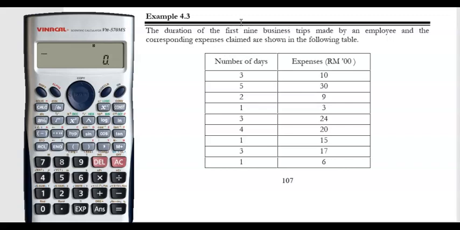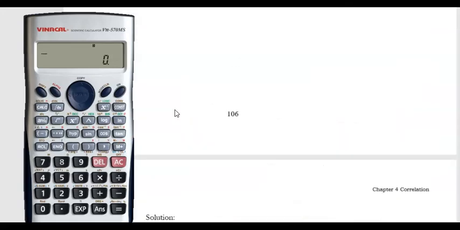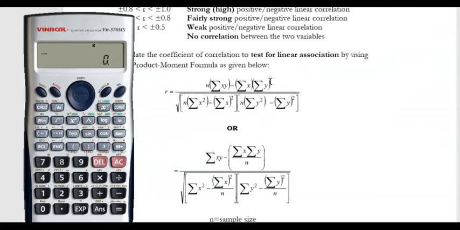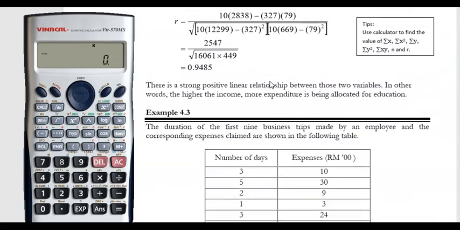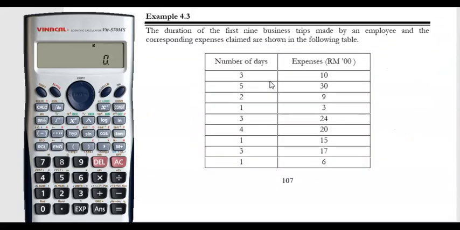Then we want to find out the summations value for the x and also y, and all the values in this formula. So what we do is, we identify the x and y value. So this one x, this one y.